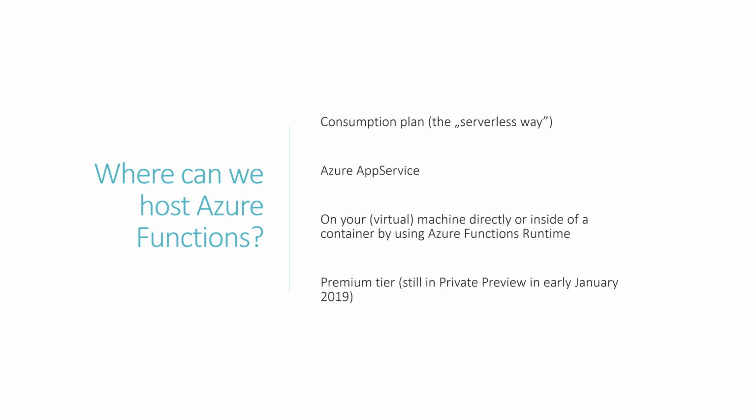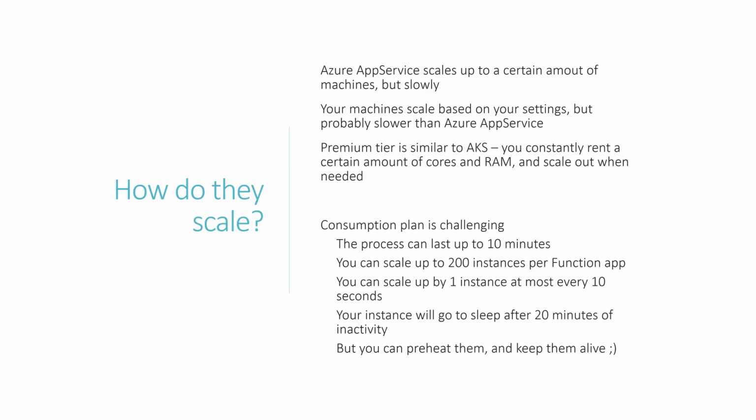The benefit of the premium tier is that you won't have any cold starts, and your tasks won't be limited to 10 minutes. Okay, so how do all of those scale?